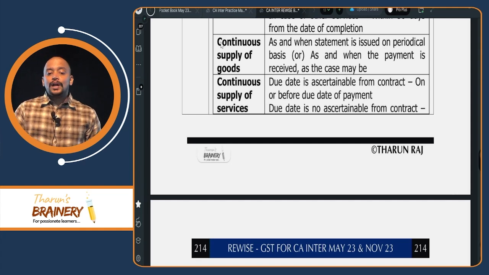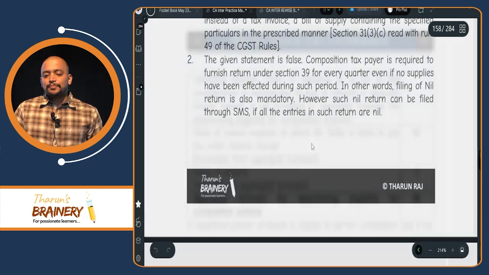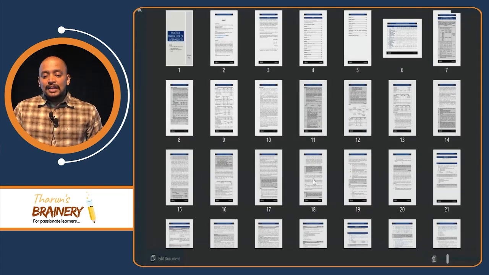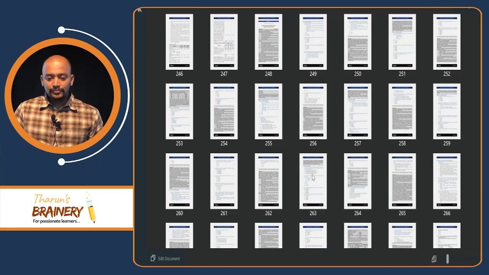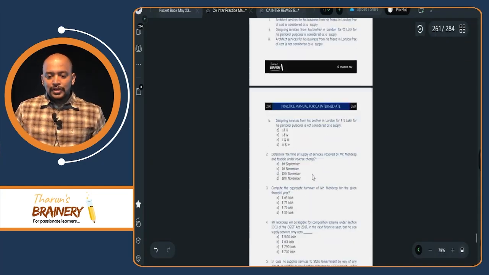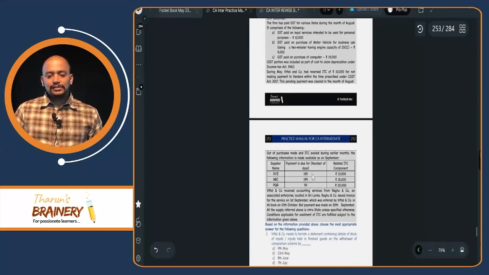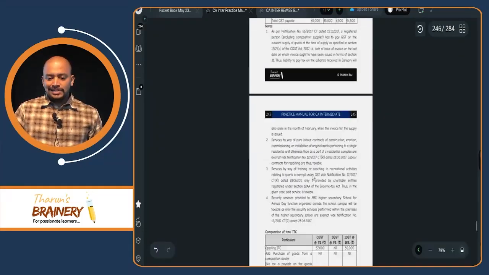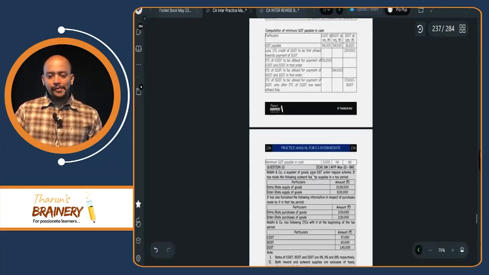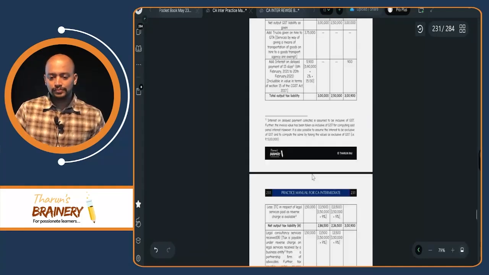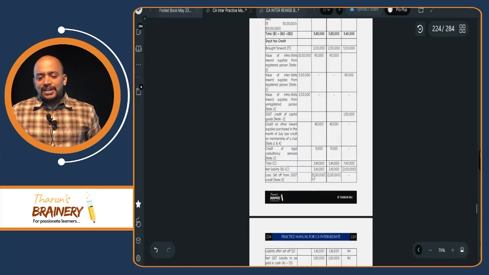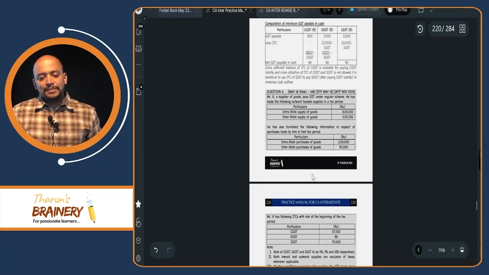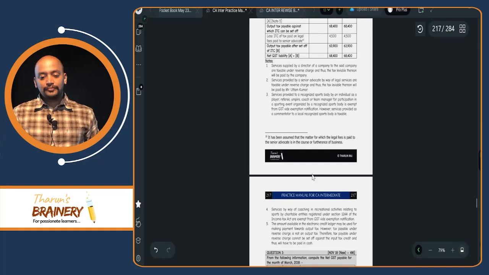And then one more area is there in the practice manual, that is consolidated questions, appendix A. So in the practice manual, you can see page number 2 and 3 onwards, we have some consolidation questions.